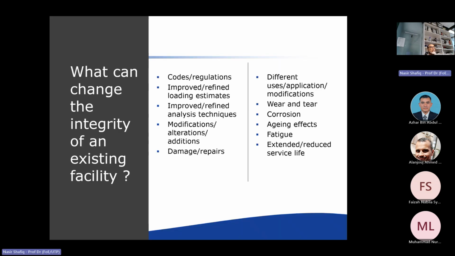So what can change the integrity of an existing pipeline? Which means that at the design condition, or after 5 years, we say that the integrity conditions of the pipeline have changed. So what has changed?